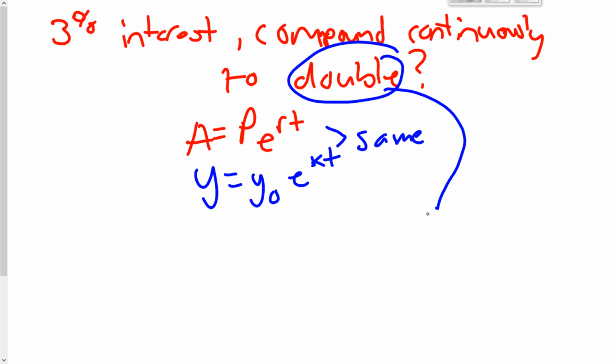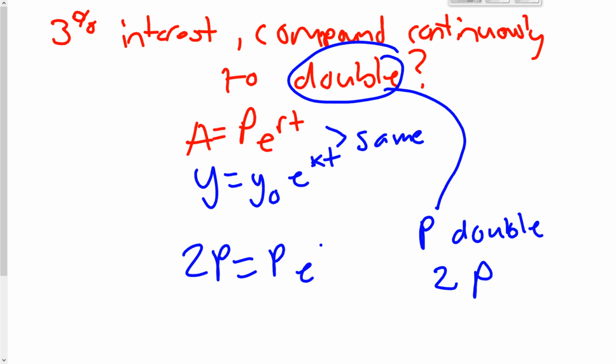Double means if we invest P, then double would be 2P, right? So A would equal 2P, so 2P equals PERT.